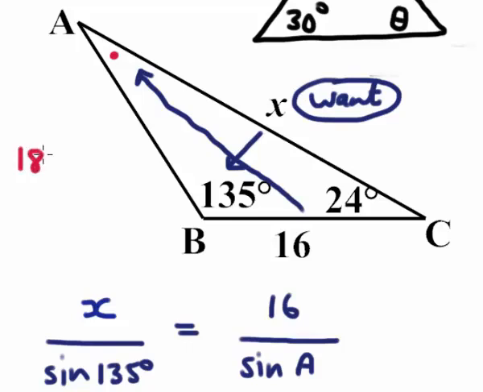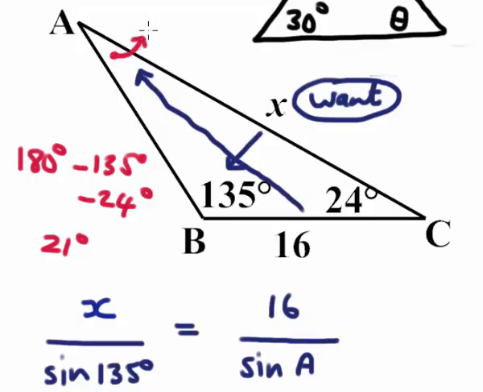If you take 180 degrees, because the sum of the angles of a triangle is 180, you subtract the 135 and you subtract the 24. If you do that, you're going to land up with 21 degrees. So this angle in here is 21 degrees. Now add them up. 135 plus 24 plus 21 will give you 180 degrees. It adds up to 180.